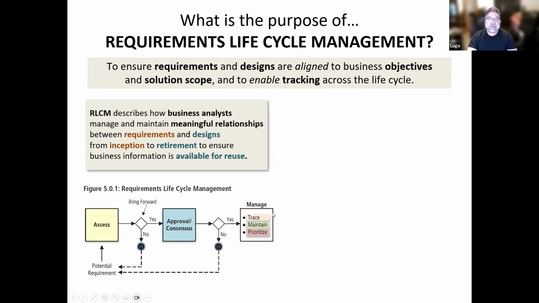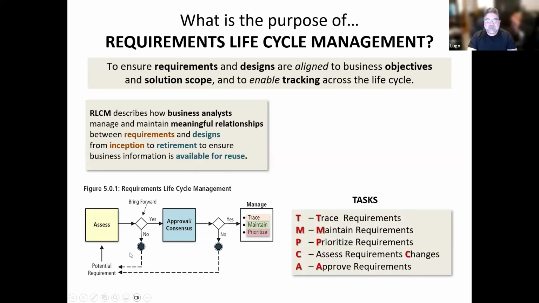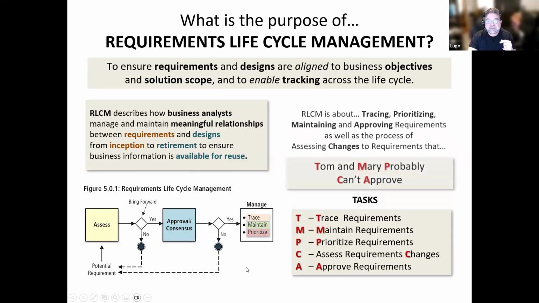If yes, we trace them, we maintain them, we prioritize them, and then go back to the cycle by reassessing them again. So the tasks are tracing, maintaining, prioritizing, assessing the changes, and then finally getting approval on those requirements.